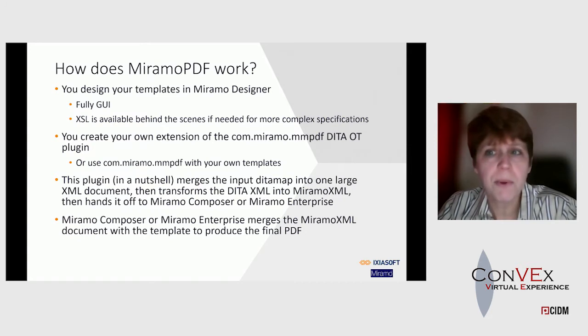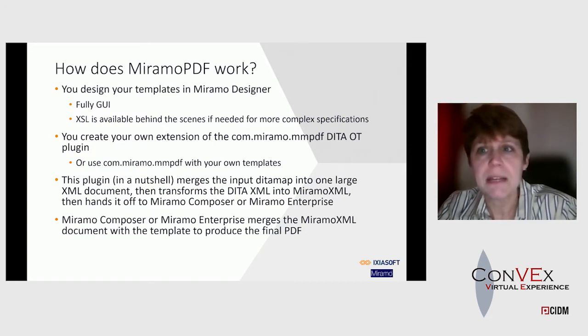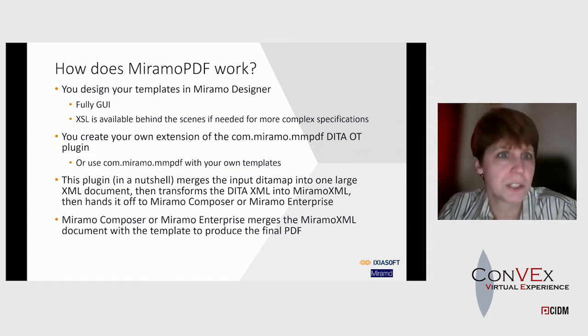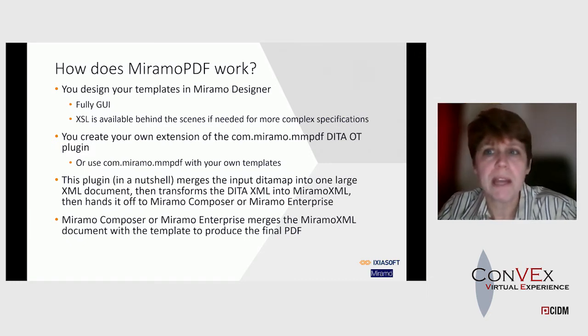So for example, in the GUI, you may be able to determine that you want your titles to look a certain way, but you may want to preface those titles with some text based on some piece of metadata or something like that. Well, that's something you're going to need XSL to do, and it's available. So you get the best of both worlds. You get the GUI, but you also get the strength and the flexibility of the XSL.